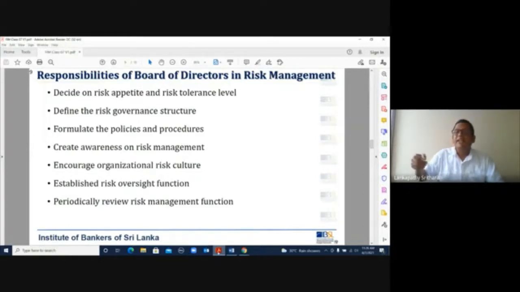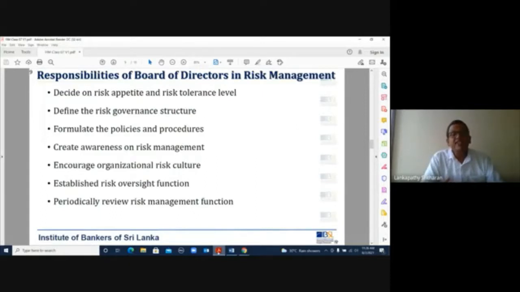For example, if he doesn't lock the door properly, that may create a risk to the particular finance institution. It may be operational risk, it may be small, but it may create risk. So creating awareness on risk management at every level is the responsibility of the board of directors.